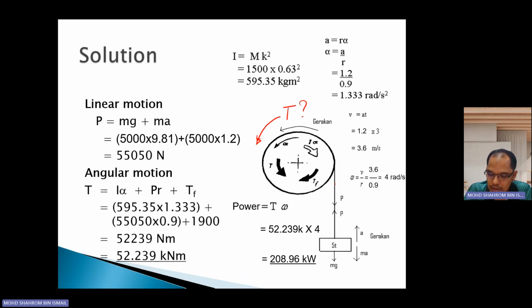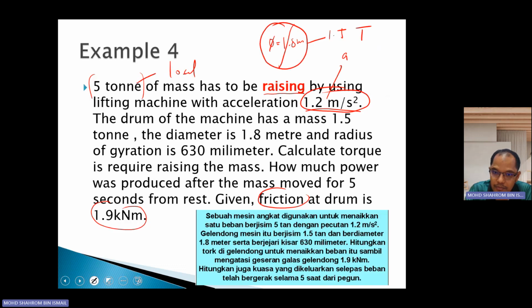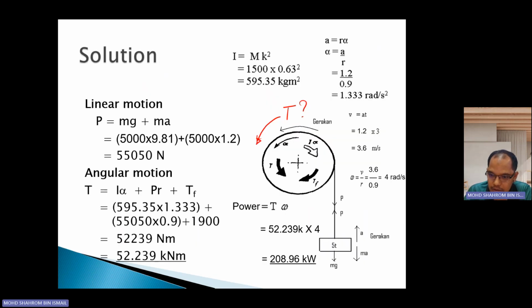Since there is some acceleration acting upward, there will be a reaction acting downward, which is m multiplied by a.